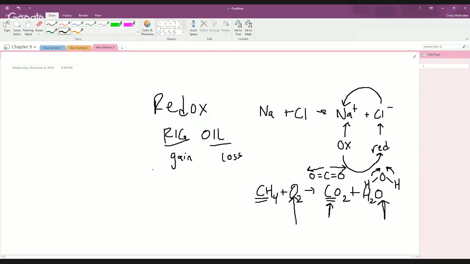In chapter 9, we talk about them specifically because as electrons are transferred from higher potential energy to lower potential energy, in other words, as they move from reactants with high energy to products with lower energy, energy gets released.